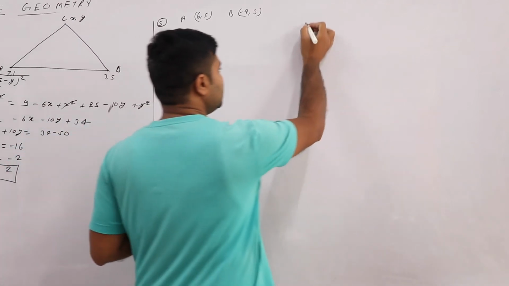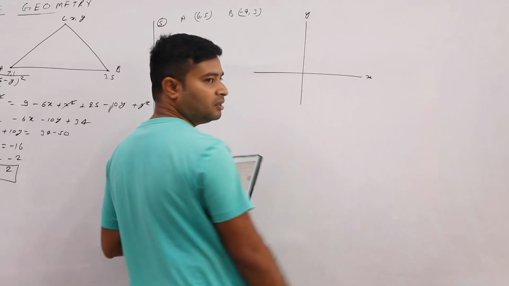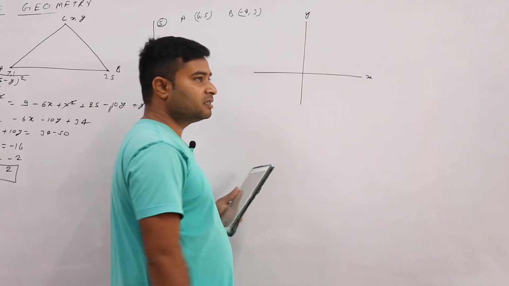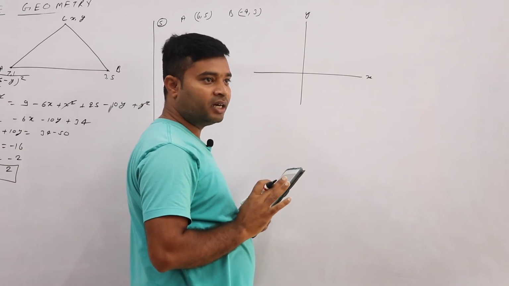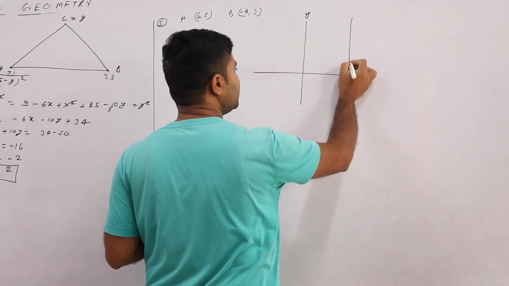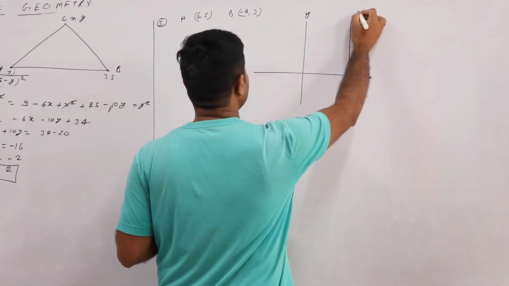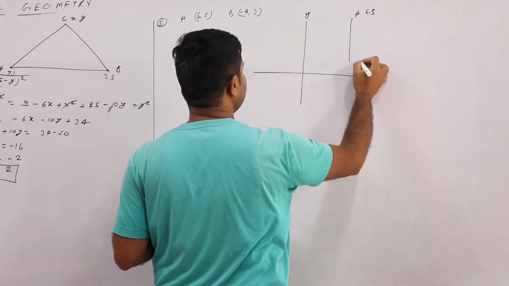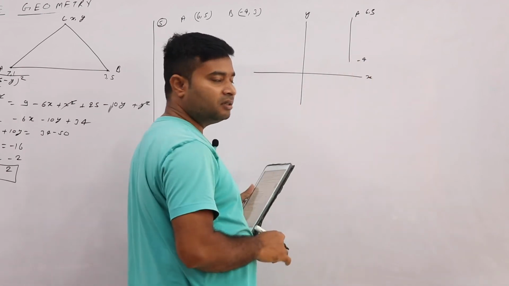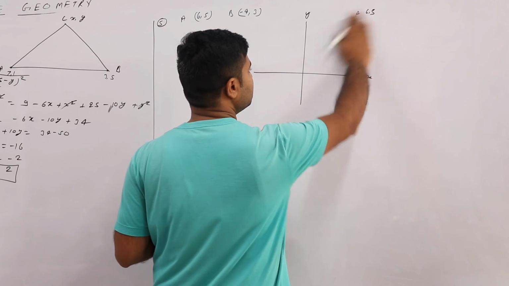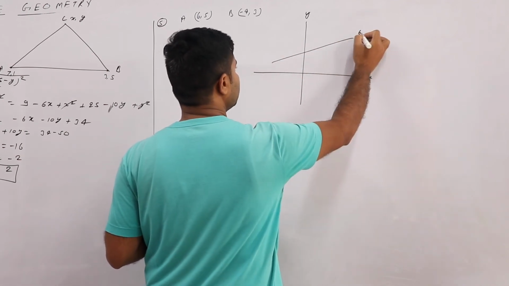So same question. Like this is the y-axis, this is the x-axis. And these 2 points are equidistant, so this line will be somewhere here. One point I am taking is A (6, 5) and B (minus 4, 3). Minus 4 will come here, right? So take the point 6, 5 like this.